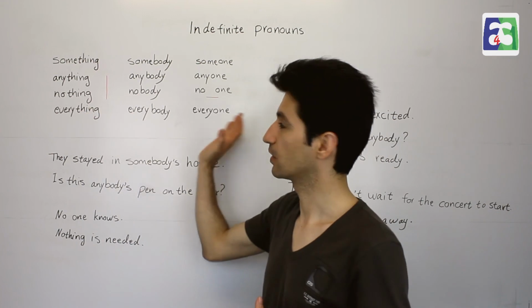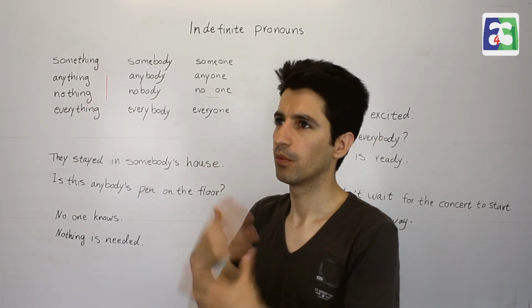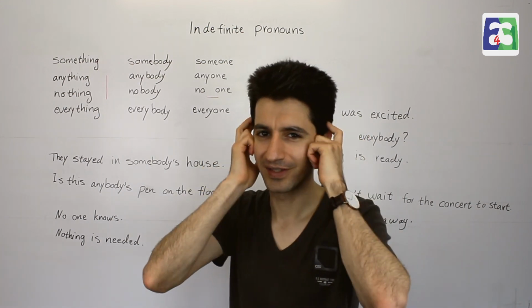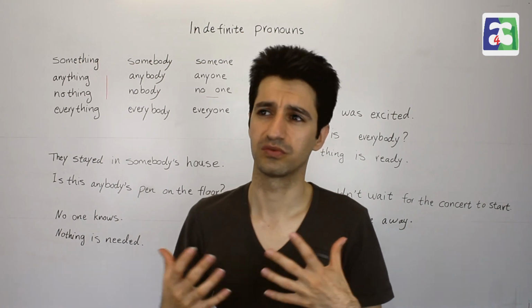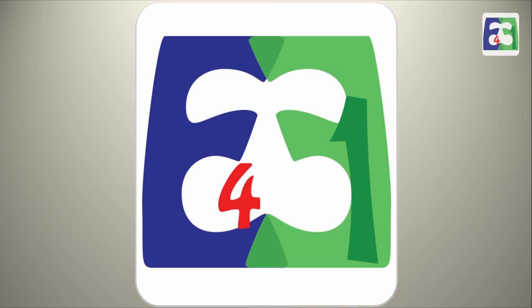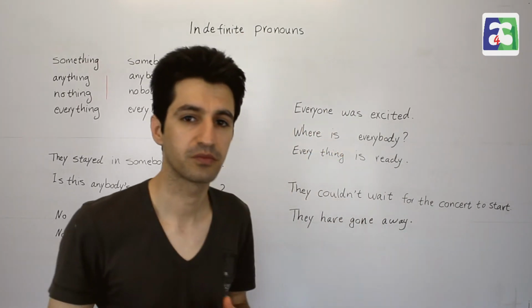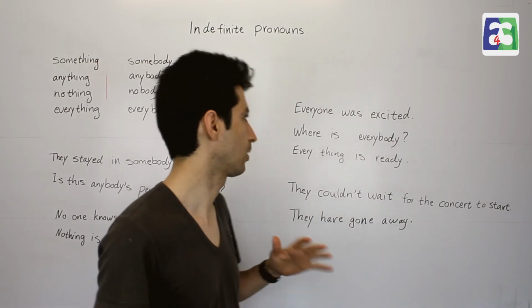But the rest, they are all one word. Let's put this somewhere in our mind, because sometimes I myself want to check if everything is one word or two. So we use them to talk about people and things without exactly mentioning who or what.